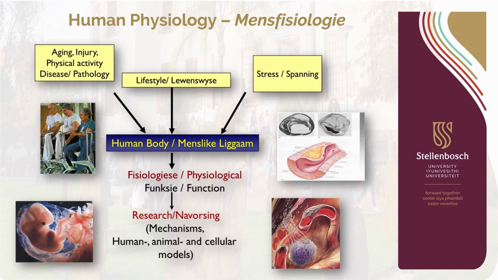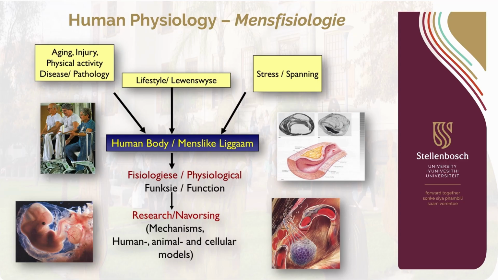The diseases that we mostly cover during the training relate to aging, injury, physical activity, and other chronic diseases of lifestyle, stress, and how these different aspects of the ecological surroundings and environment can impact the function of the human body.